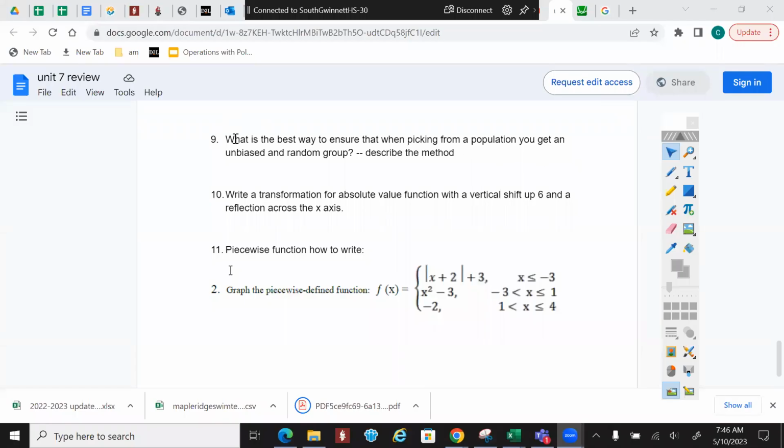Okay, so on this first one, it says, what is the best way to ensure that when picking from a population, you get an unbiased and random group? You want to make sure that you are strategically randomly selecting.